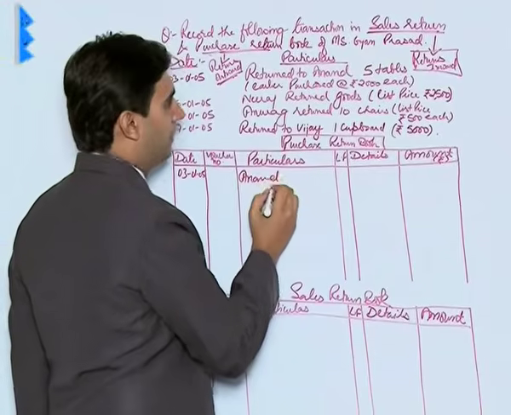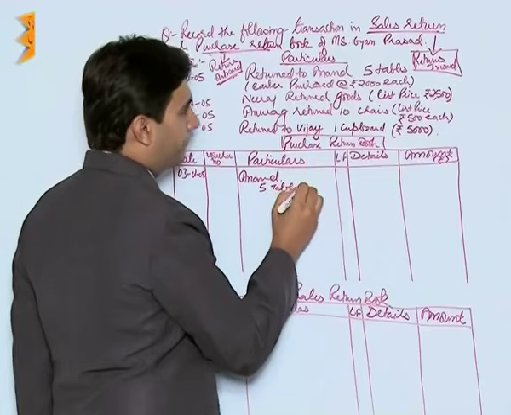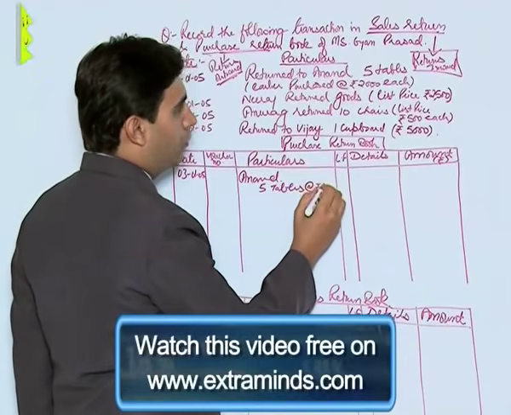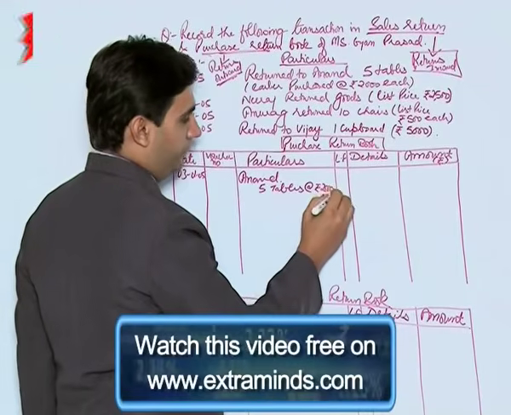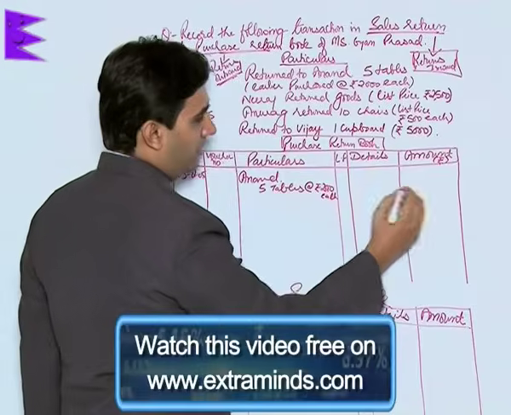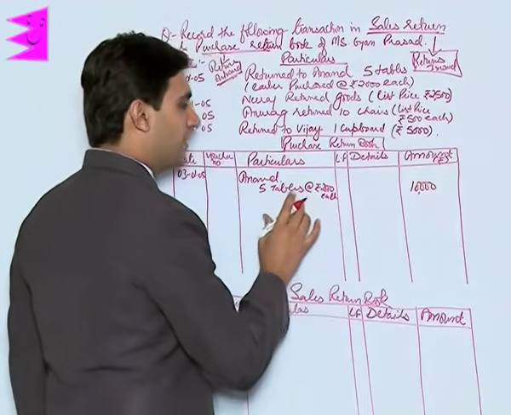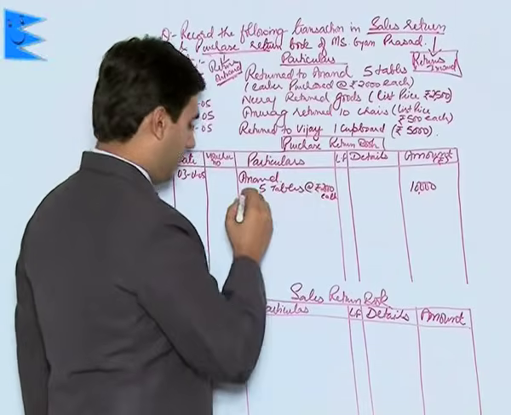Just write the name of Anand. 5 tables at the rate of rupees 2000 each. So the total amount is 10,000. So the total purchase return that is recorded in this transaction is 10,000.